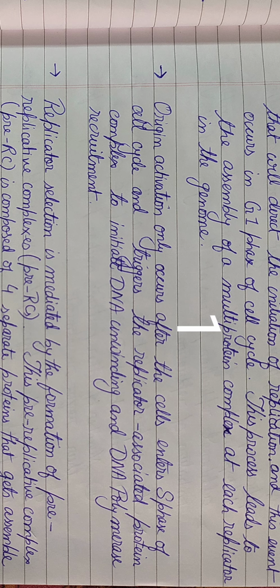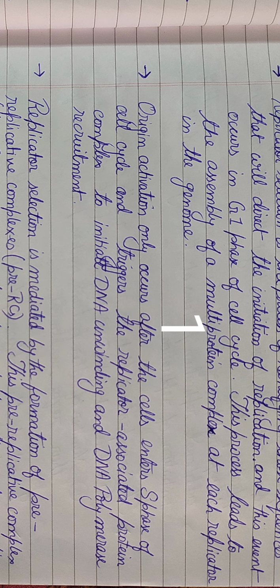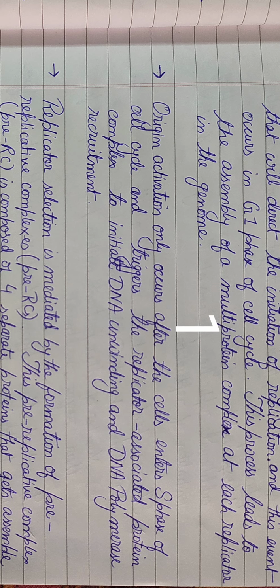So origin activation is the step where the replicator-associated protein complex, which was associated with the replicator regions, now starts to do its function. Just binding to the replicator region does not mean that they will function. It functions only after the cells have reached the S phase of the cell cycle.